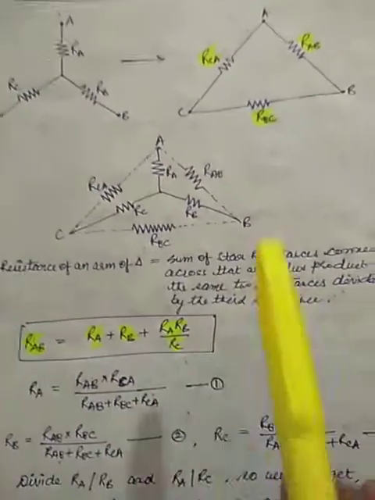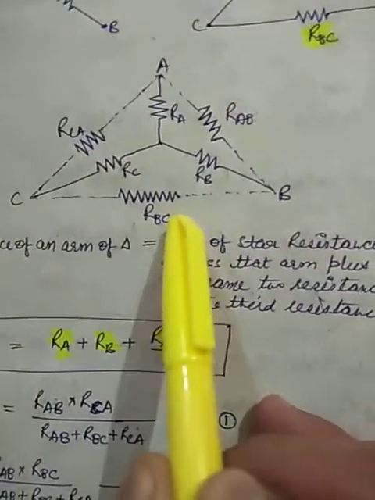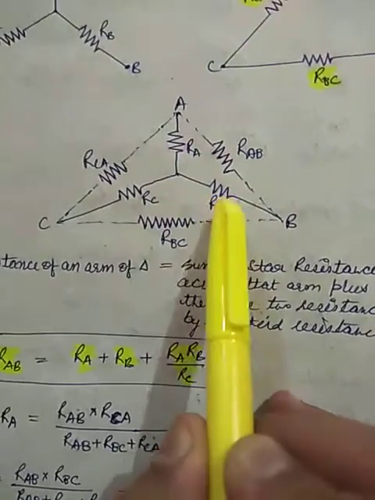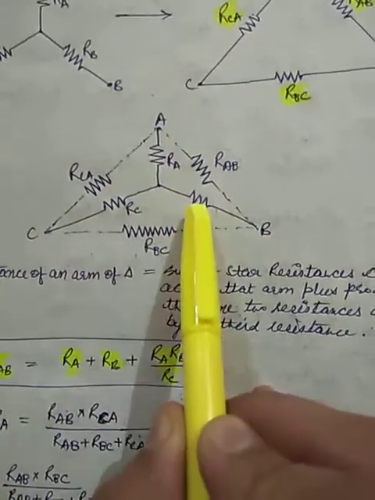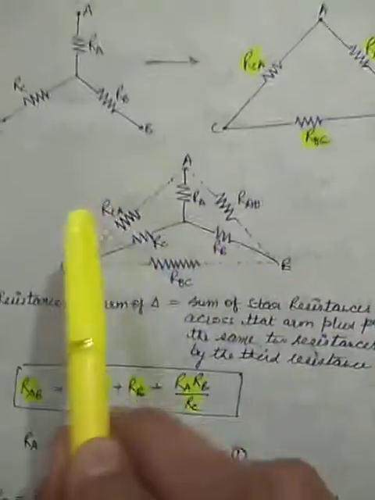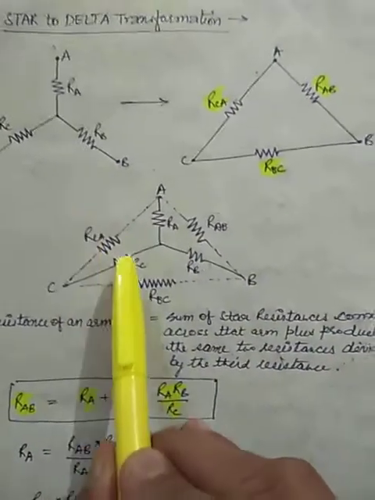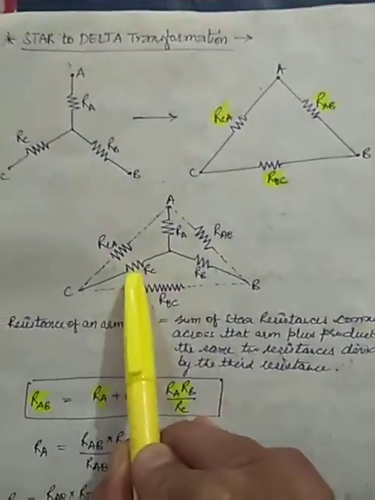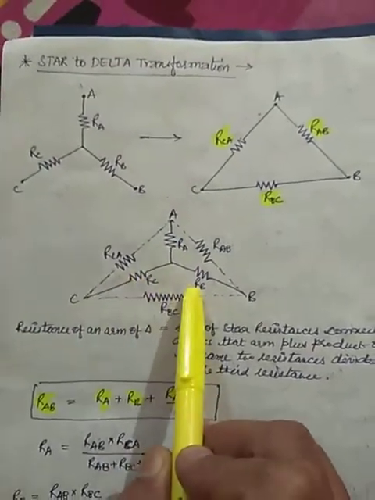With the help of this diagram we can calculate directly. Similarly, what will be the value of RBC? RB plus RC plus RB into RC divided by RA. Same for RCA: RA plus RC plus RA into RC divided by RB. So this will be the answer.